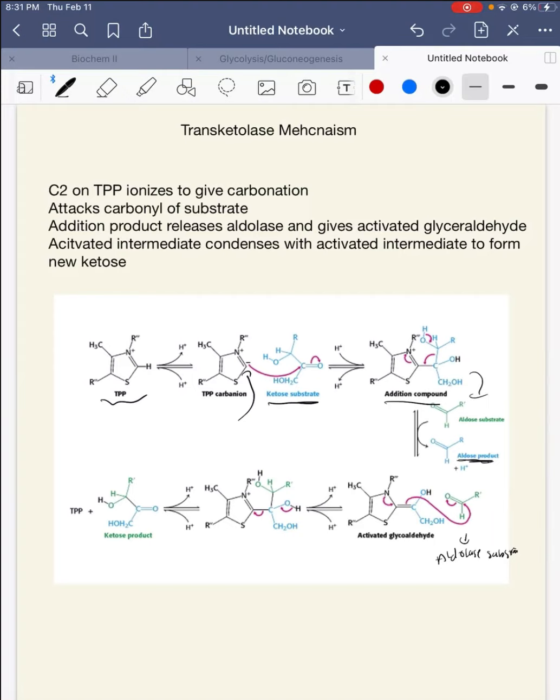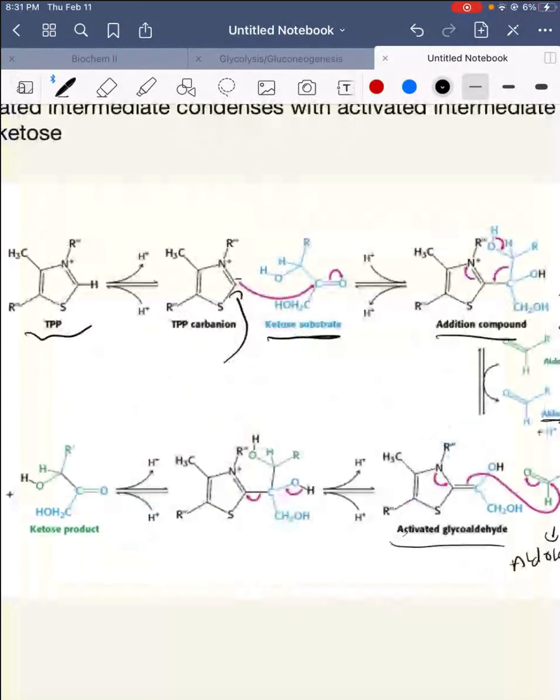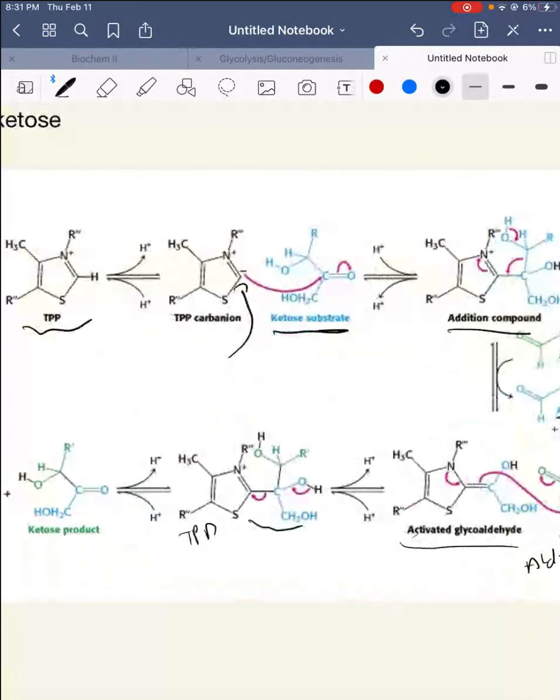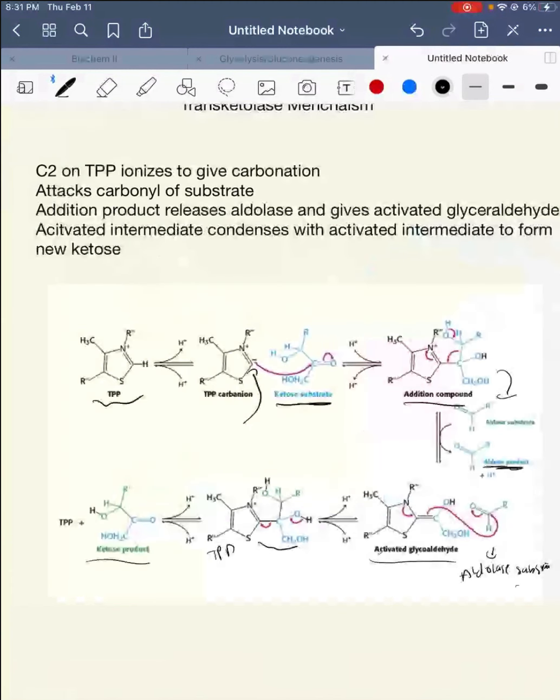So this aldose substrate reacts with the addition compound, and we make an activated glyceraldehyde. And then the glyceraldehyde rearranges, and a couple more reactions happen. We end up kicking out the TPP. The TPP acts as the leaving group, and then we end up with a ketose product.